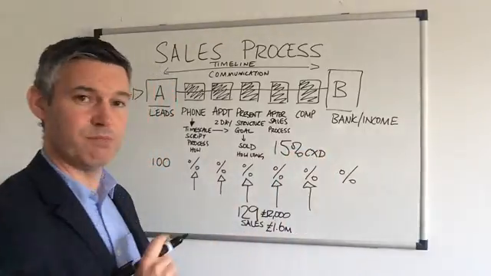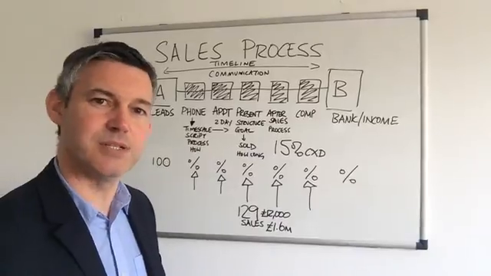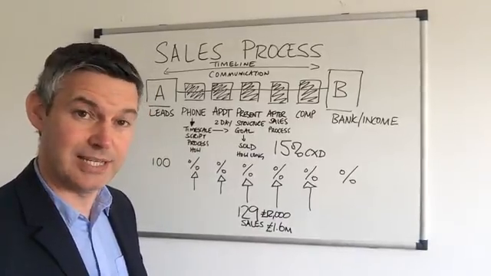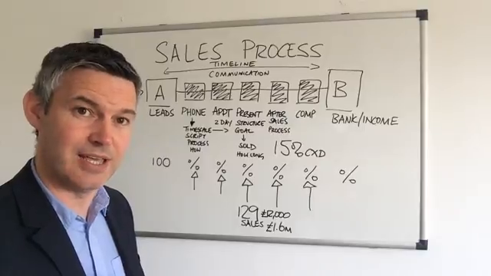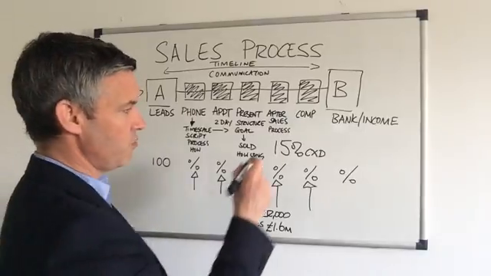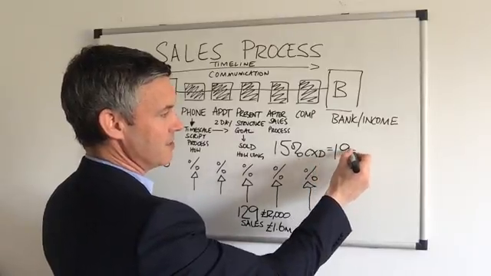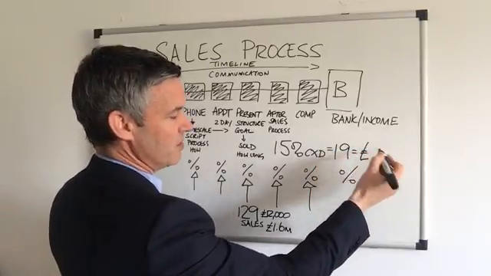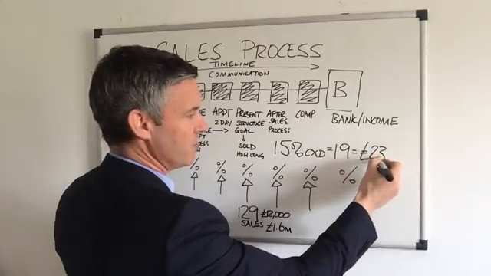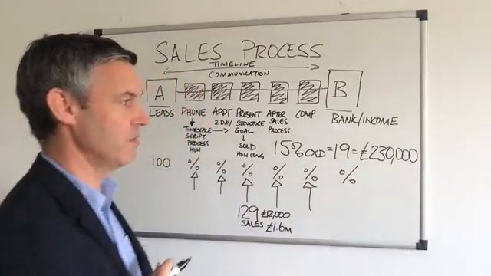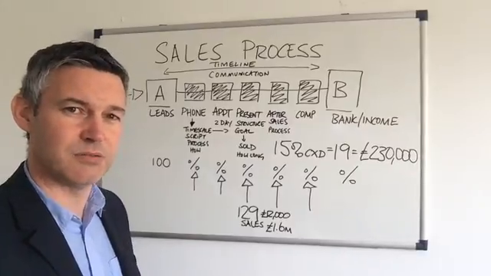Now, in the bigger scale of things, 15% doesn't sound a lot, does it? But when you average out how many cases that is and what the income is to that, it's a huge number. When we looked at the cases, that equalled 19 cases, but it actually equalled, I think, roughly about £230,000 of business that had cancelled that month.